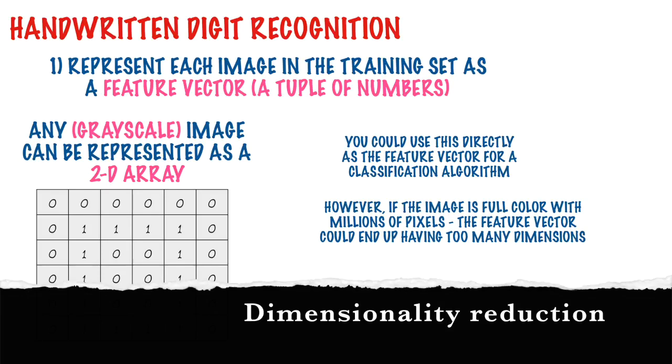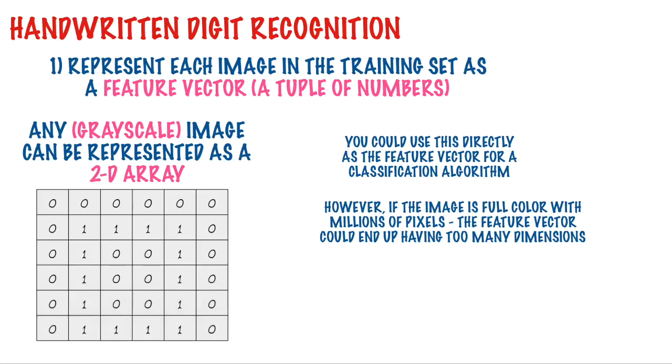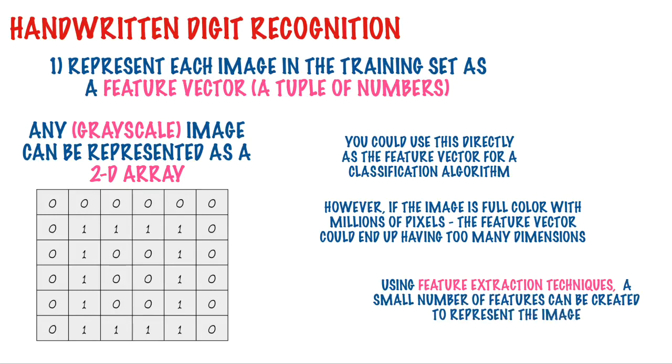The idea here is to perform dimensionality reduction, to identify just the right set of features that will help us identify which image it is without having to process the image represented by all the pixels in the image. Feature extraction techniques can help us find a small number of features that can represent the image.